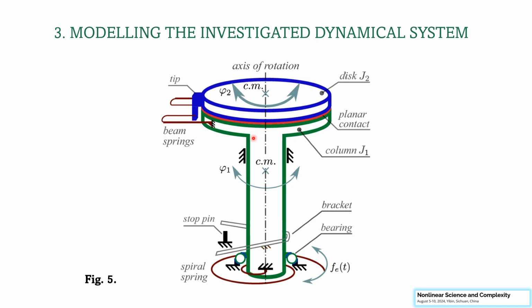On the bottom of this column, a disk of mass moment of inertia J2 is placed, of which motion is also restricted and occurs between these two beam springs. The planar contact is created here.